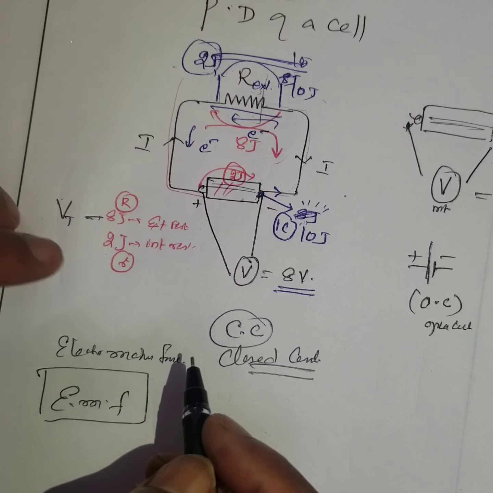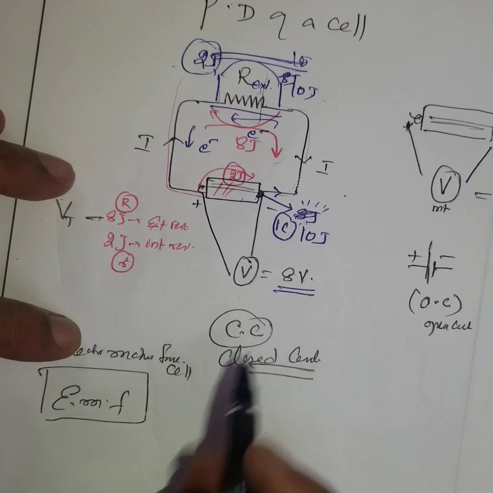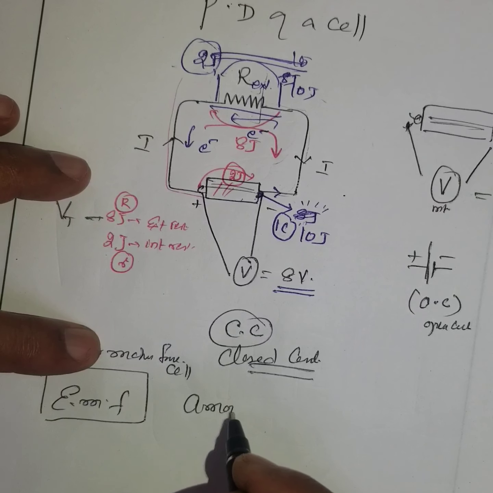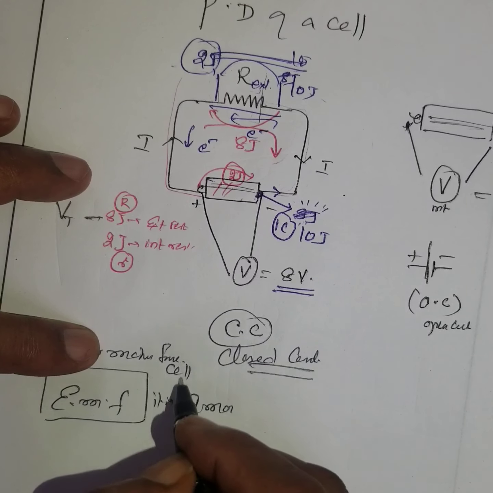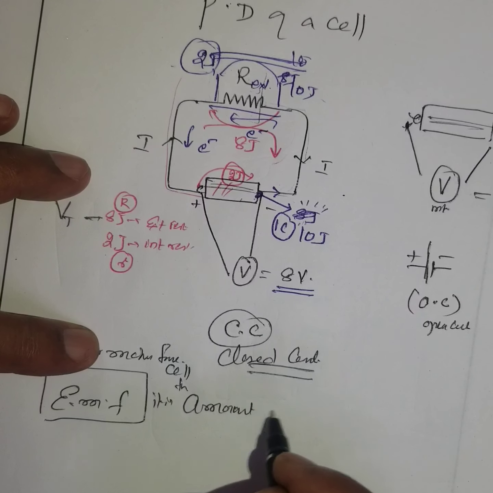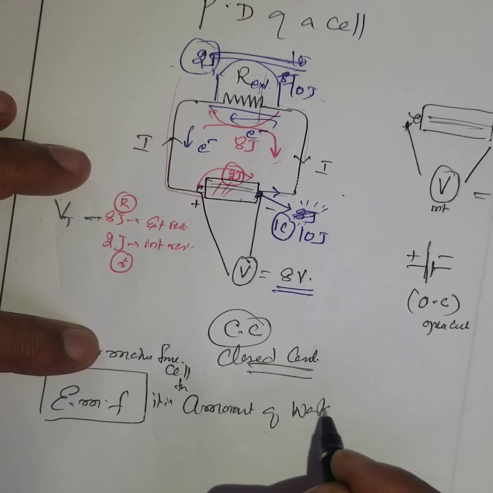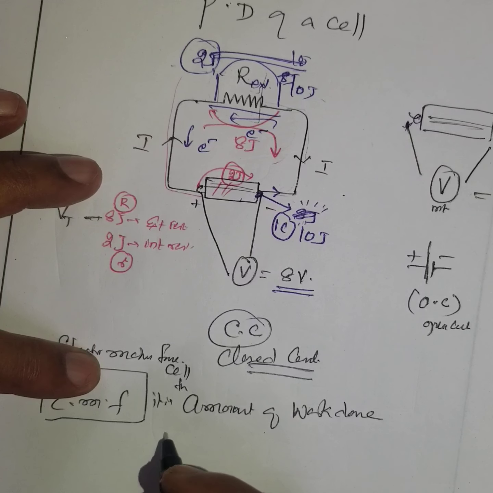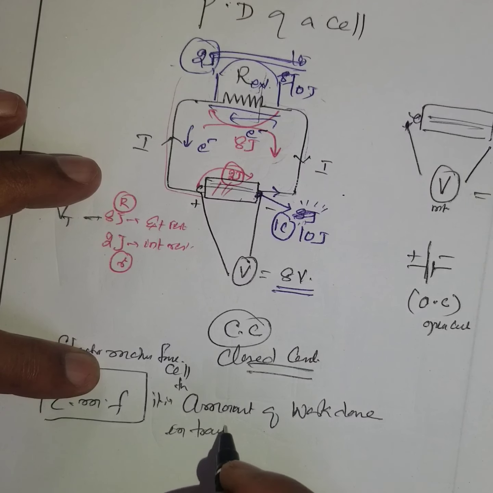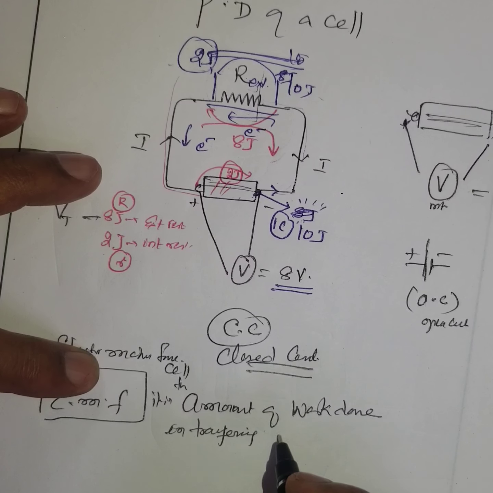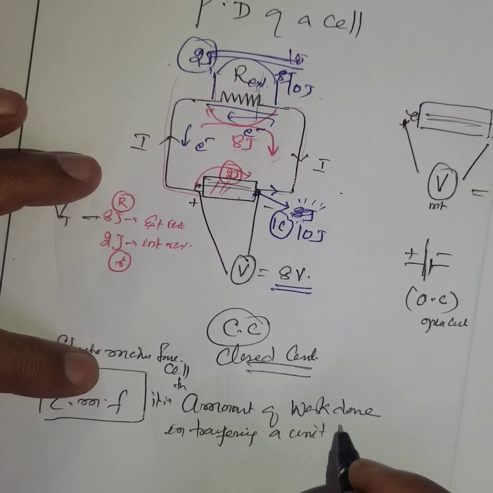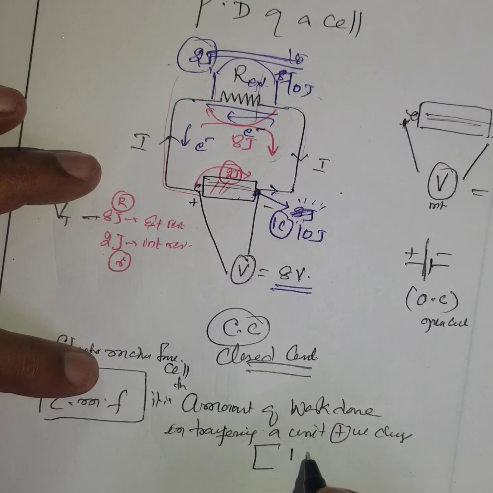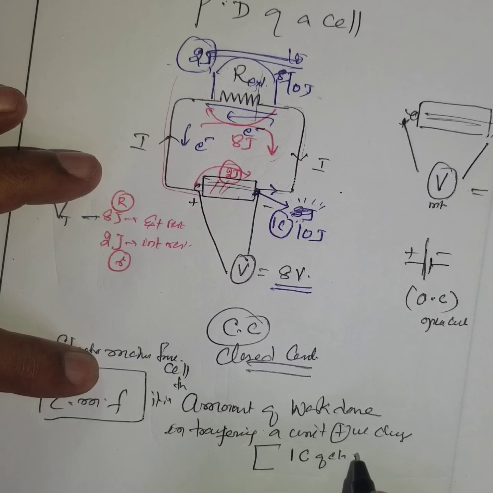Define electromotive force of a cell. It is defined as the amount of work done in transferring a unit positive charge, in bracket 1 coulomb, in the opposite direction.